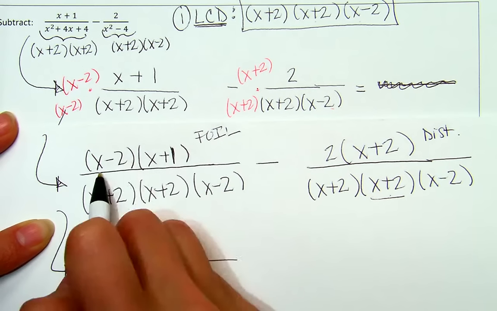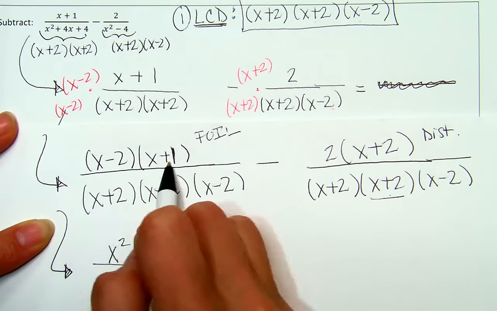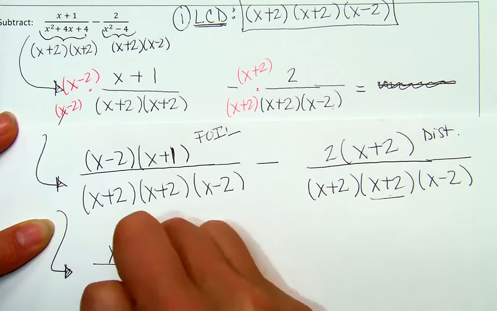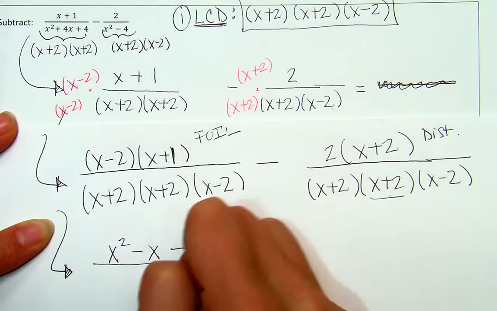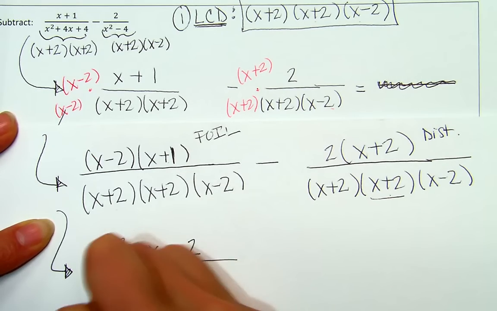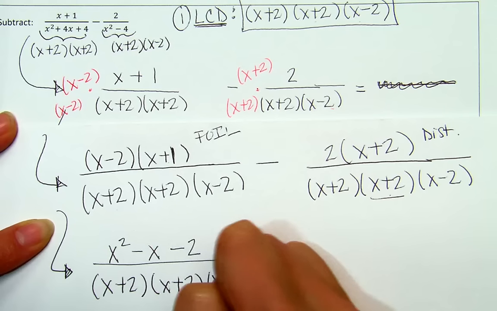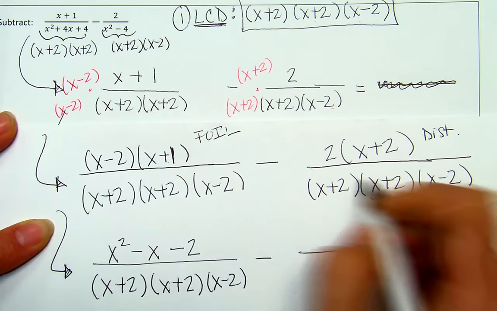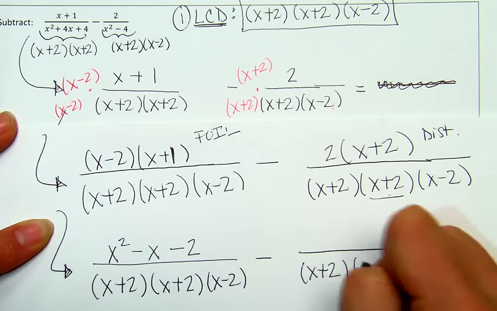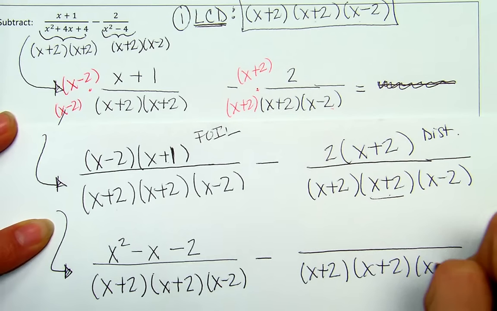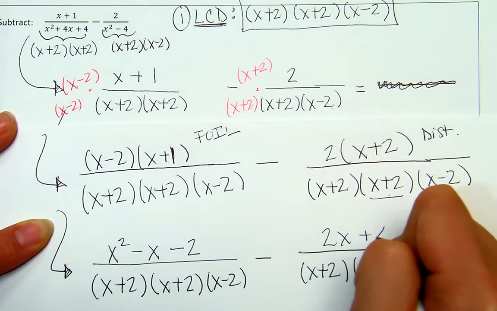So if we FOIL, x times x is x squared, positive x minus 2 is a minus 1x, and then negative 2 times positive 1 is a minus 2, all over that same least common denominator that we got from before, minus, the same least common denominator for both fractions. And if we distribute this 2, we get 2x plus 4.